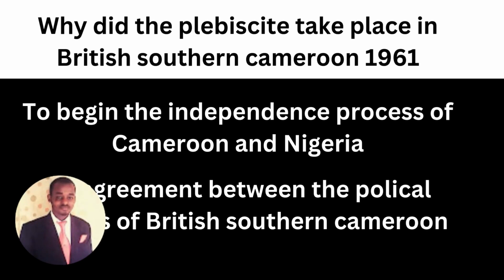Now the first question says, why did the plebiscite take place in British Southern Cameroon in 1961? One, to begin the independence process of Cameroon and Nigeria, and to bring a mutual agreement between the different political parties in British Southern Cameroon.